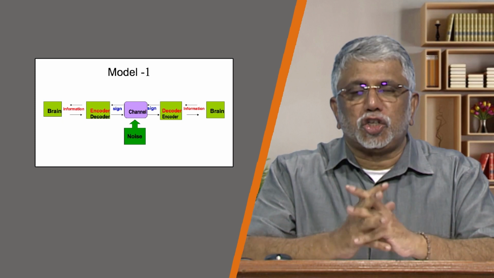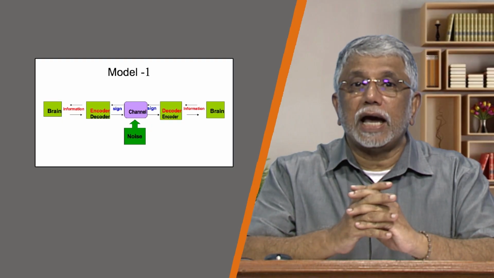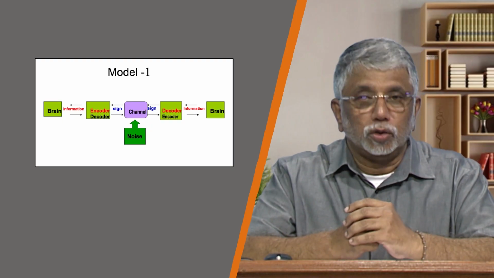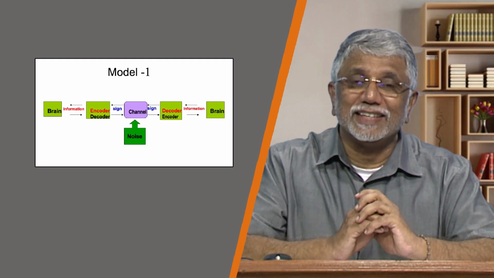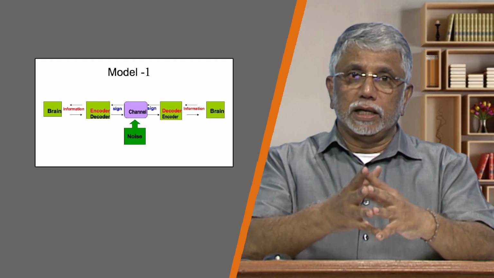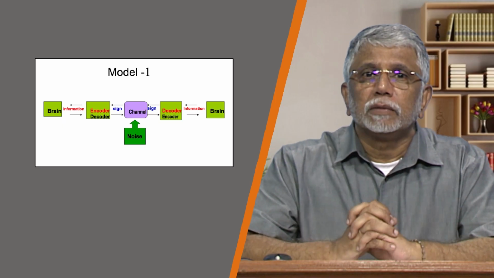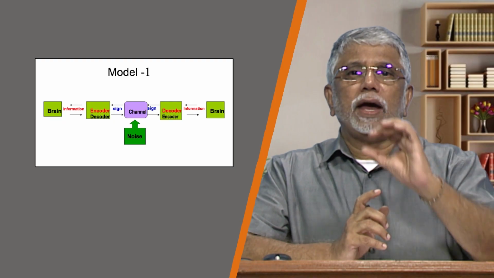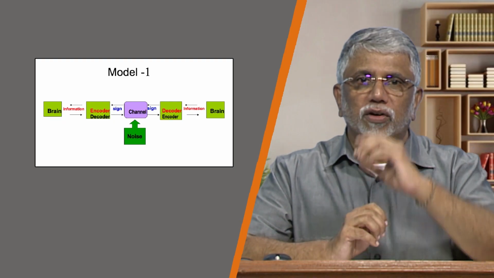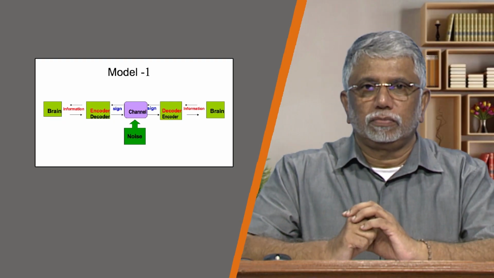Those thoughts, that information, those ideas, those emotions that the sender is seeking to convey to the listener or the receiver have to travel through a channel to reach the receiver.